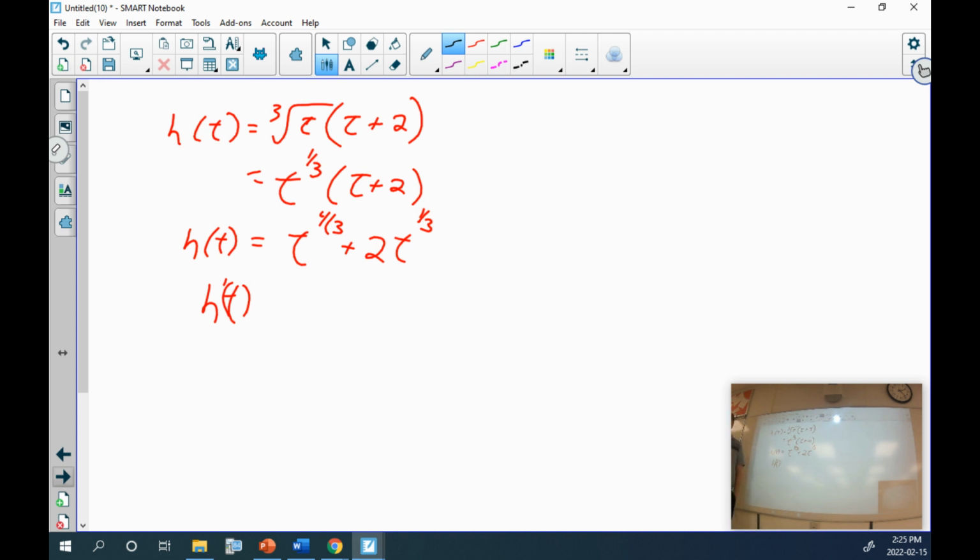I'm looking at the plus. Just trying to figure out what you're doing. Okay, so now, Molly, what's the derivative of t to the power of 4/3? 4/3.